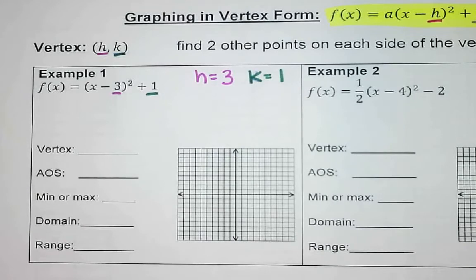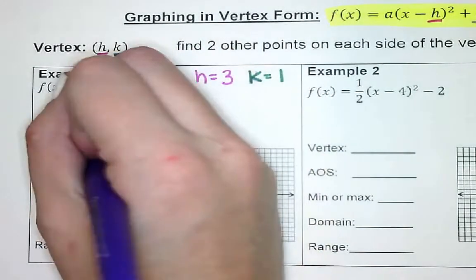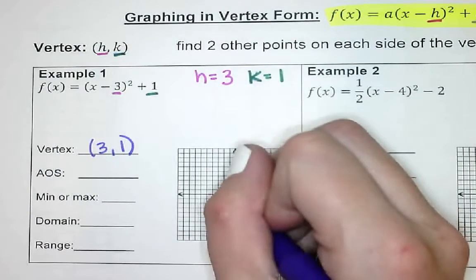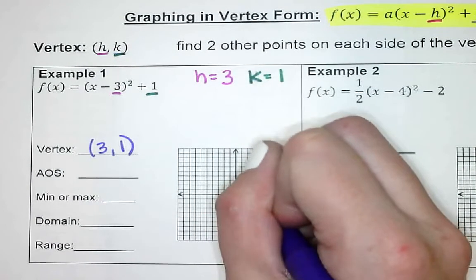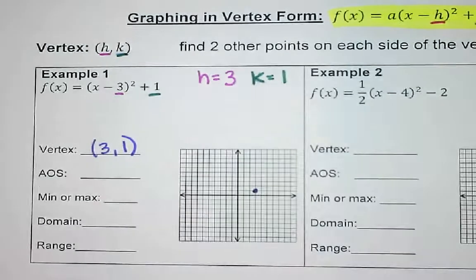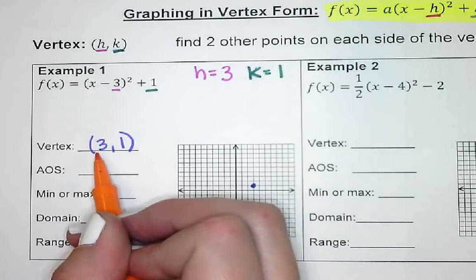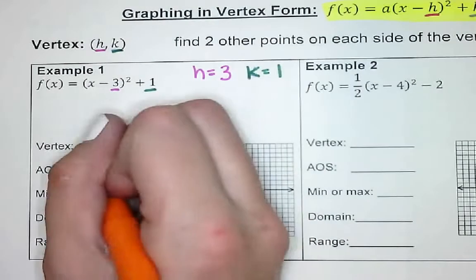So now, can I graph my vertex? 3, 1. So if I know my vertex, what is my axis of symmetry, y'all? 3. X equals 3. Remember, it's an equation. So I'm going to go do that.